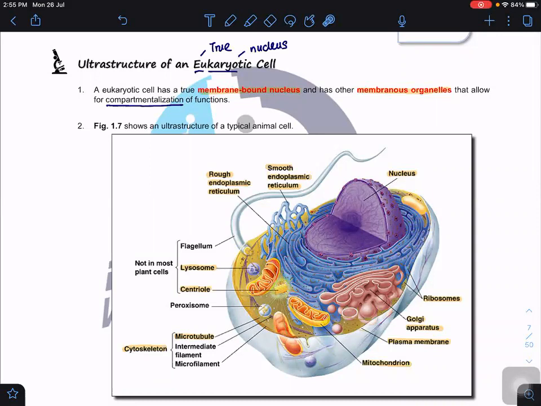Like a bag. The difference between the rough ER and the Golgi apparatus: the RER, you can see that they are interconnected. The sac. The Golgi apparatus, the bag, they are not interconnected. So this is how we differentiate them.